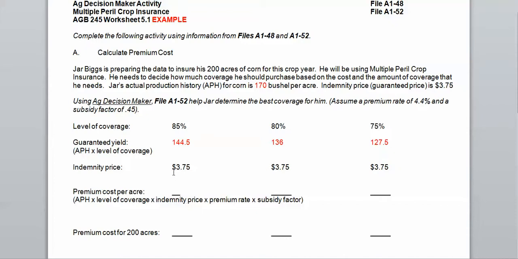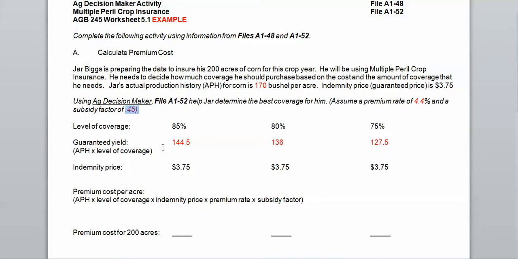In this case, it ends up being $3.75. So obviously it's going to differ from year to year because the prices are different year to year. And then we're going to multiply that by the premium rate of 4.4% and a subsidy factor of 0.45.